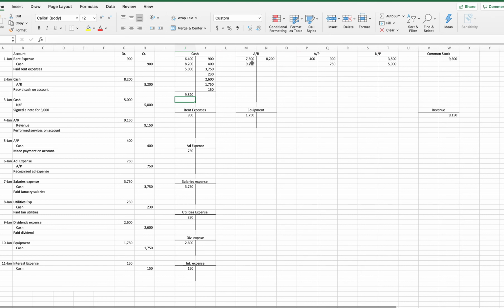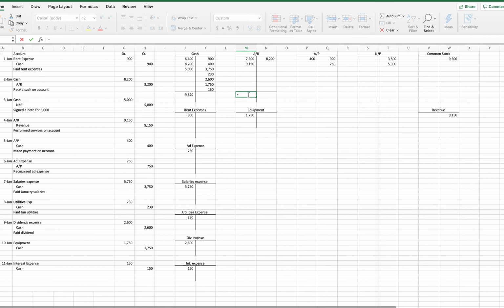We're going to do the same thing with our accounts receivable. So I'm going to come down here. And I know accounts receivable should have a debit balance. Well, I know that debits increase an asset. Credits decrease an asset.